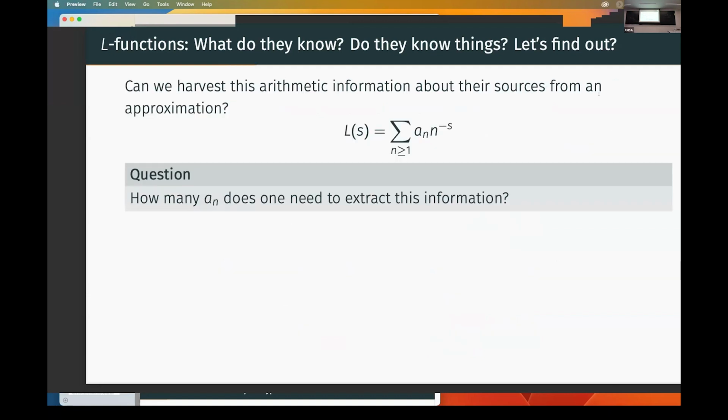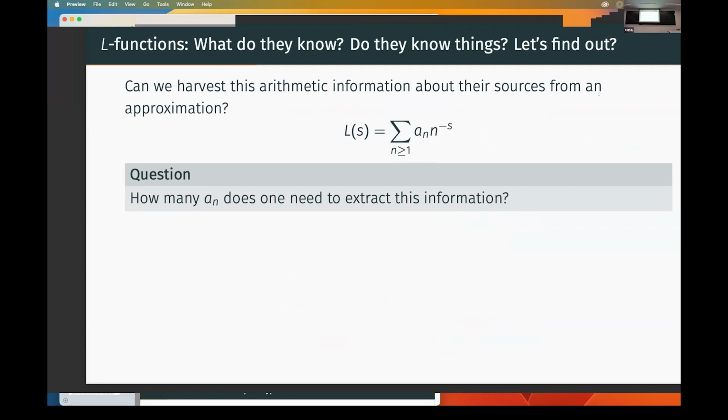So let me first tell you a bit about the idea behind this. As a number theorist, I would like to approximate this L function. It's an infinite series, so I cannot really just put an infinite series on my computer, so I need to approximate it. A natural question is, how many coefficients do I really need to approximate my L function?